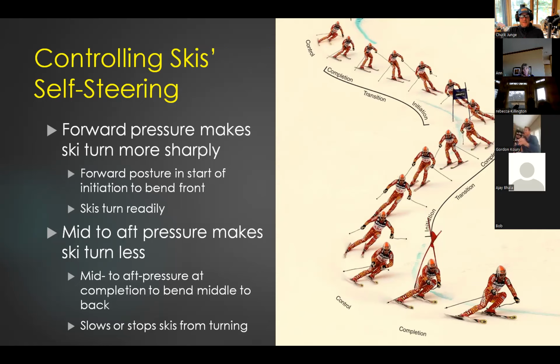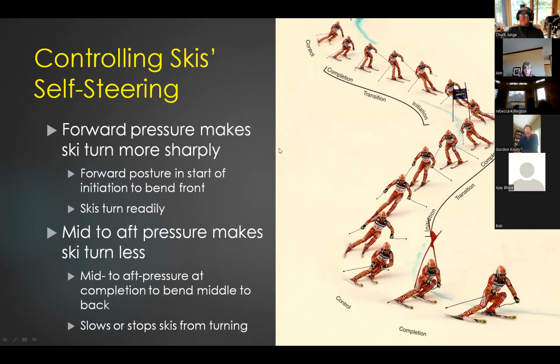Forward posture starts in the initiation to bend the front of the ski, and the skis turn more readily. And then as we move through the turn, where you move more to mid to aft pressure, it makes the ski tend to turn less. Mid and aft pressure in completion bends the middle to the back, and it slows and or stops the skis from turning.